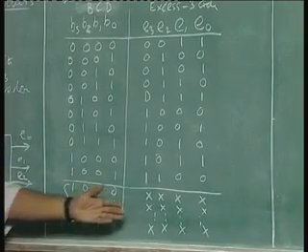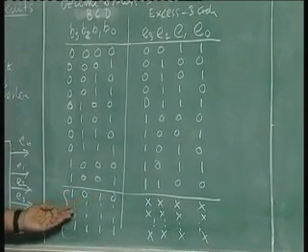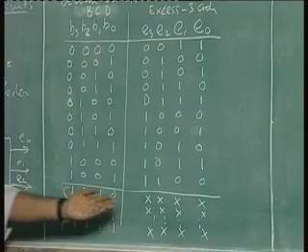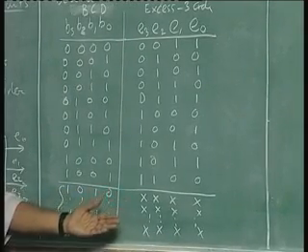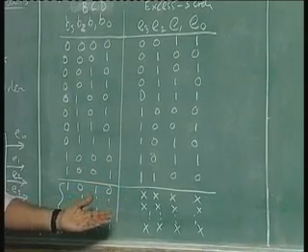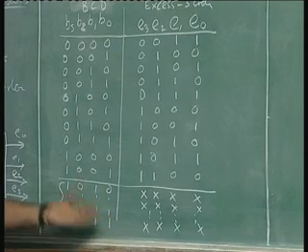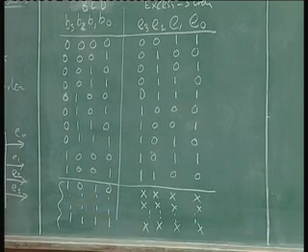I do not care about these outputs because these inputs are not going to come, but I can use this to my advantage for simplification. We talked about it in the last lecture. Now my problem is stated.